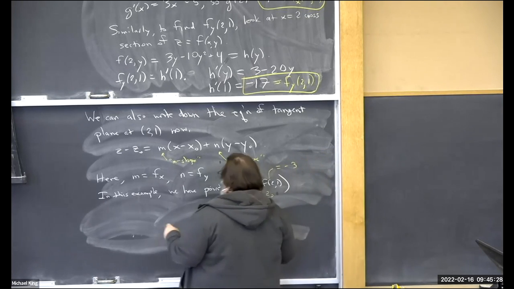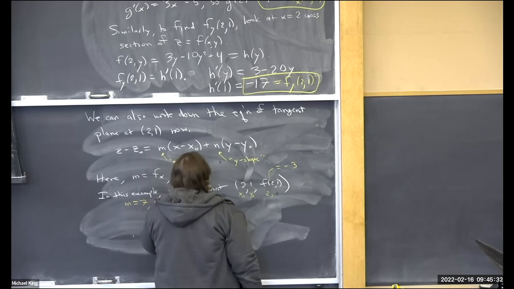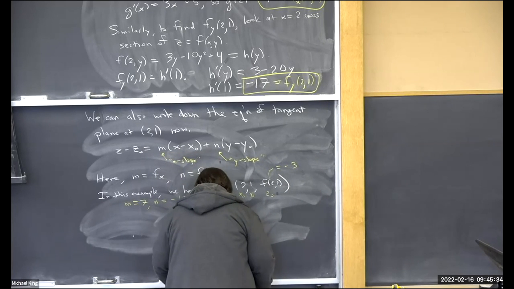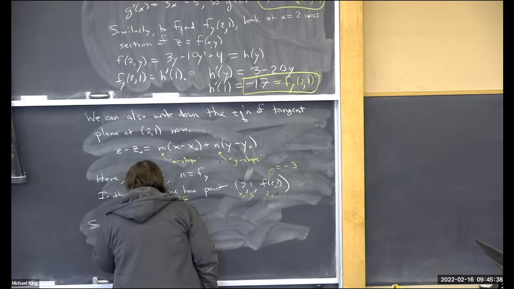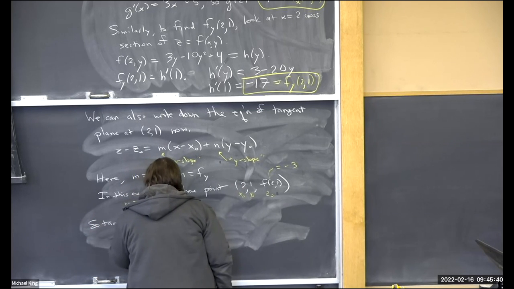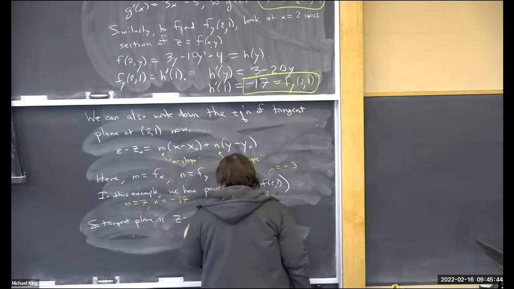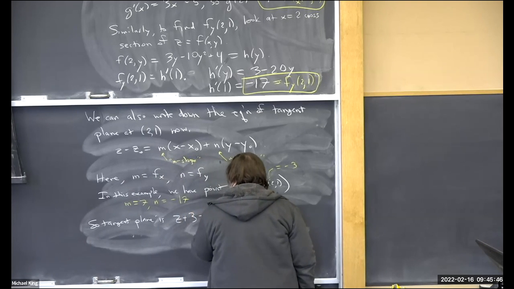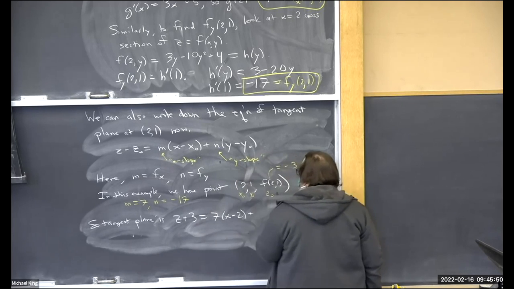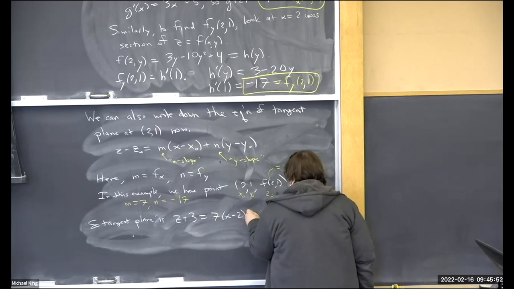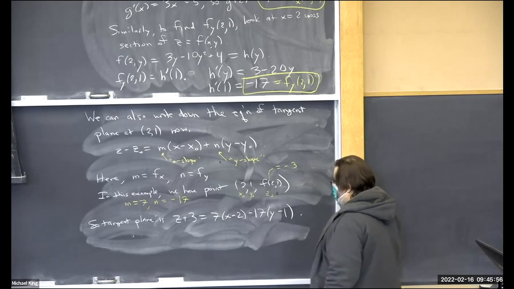M we said is 7, N is -17, and so the tangent plane is z minus -3, which is plus 3, equals 7 times (x minus 2) minus 17 times (y minus 1). And so that's the tangent plane.